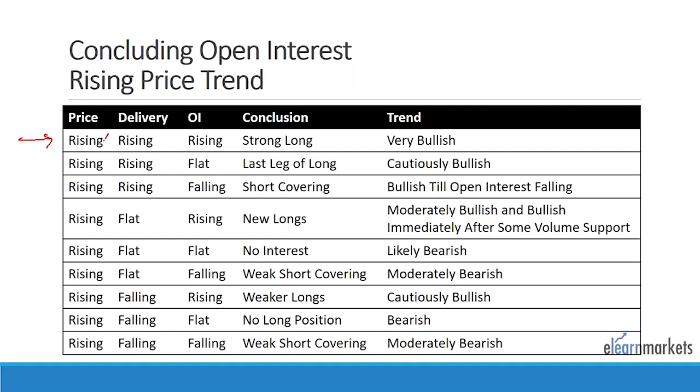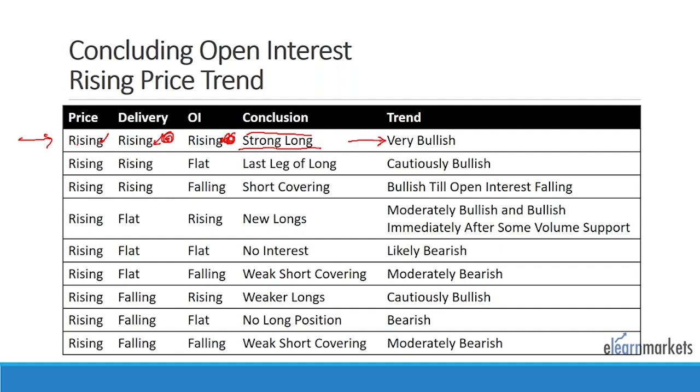So price rising, delivery also rising, and OI has gone up. This is a clear indication that there is a very strong long position which has built into this stock. Possibility of a very, very bullish scenario because the long guys have entered the stock both in the cash segment as well as in the future segment.